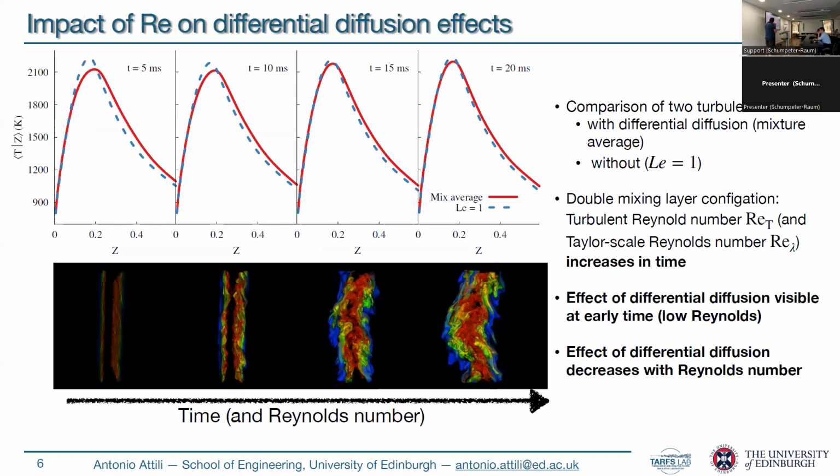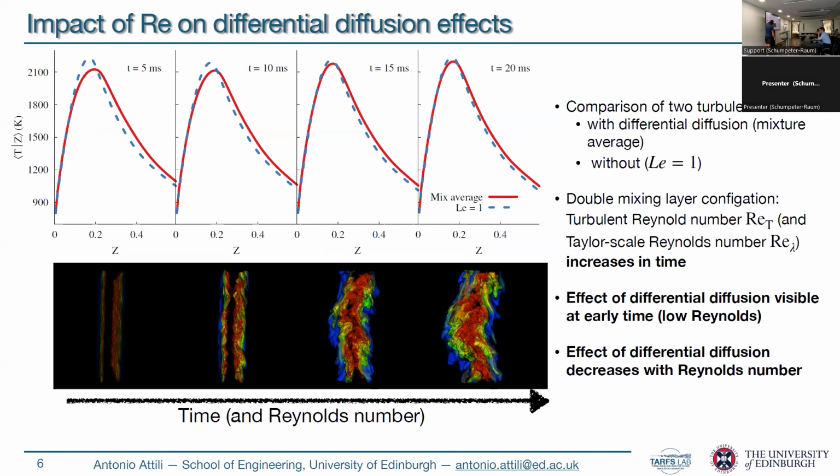Okay. So if you look at this flame as they evolve, this is one of the two flames. So these are different instants in time, which given the type of this configuration, this means that the Reynolds number is increasing in this direction, right? So you can think about this time as different flames at different Reynolds number that increase in time.